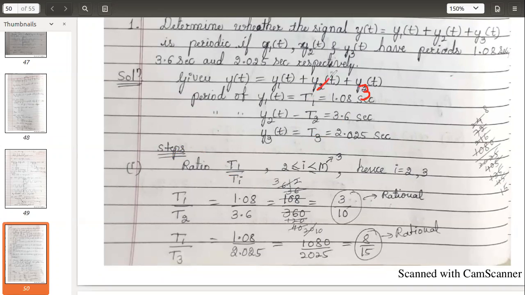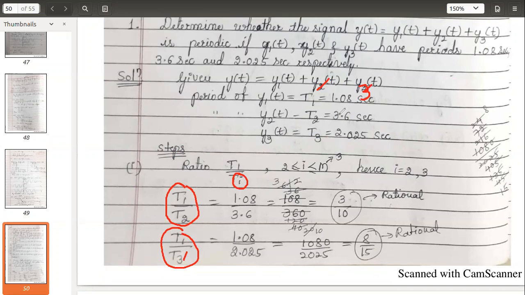Okay. So only 2 and 3. Only two values of i. So accordingly I should calculate T1 by T2, i equals 2, then T1 by T3, i equals 3. Two ratios have to be calculated.